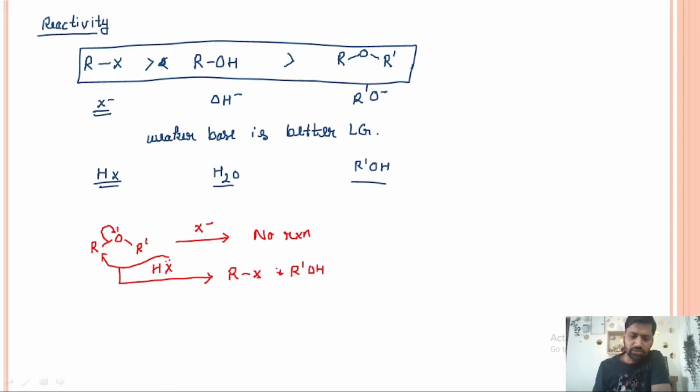This is the general reaction for any ether compound in nucleophilic substitution. And how this product is formed, why HX is necessary, halide ion is not capable of attacking this ether directly, but halogen acid can form the product. And for that, let us look at the mechanism of this reaction in ether compounds. Okay, let us have a look at the mechanism.